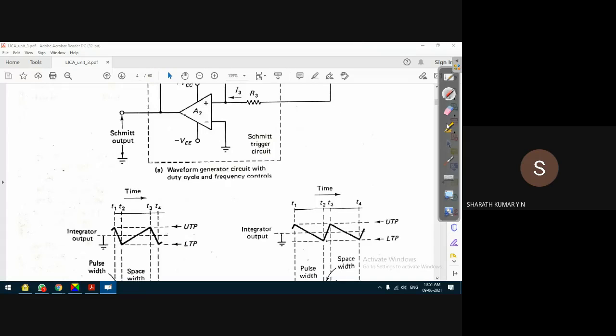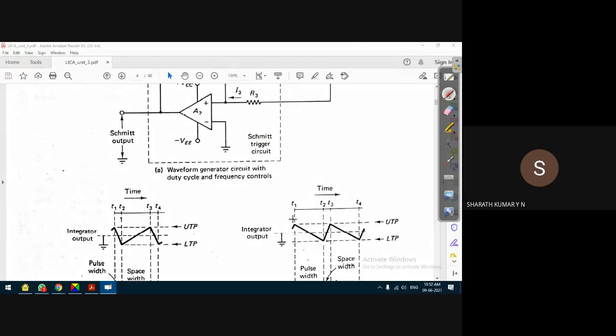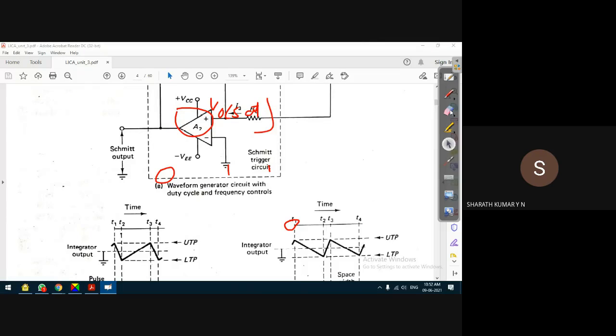when the output of this integrator is positive, for example, I'll take this waveform here only. When the output of the integrator is positive, the voltage drop across R3 is applied as input to the non-inverting input of the Schmitt trigger circuit, whereas the voltage drop across R2 is the output of the Schmitt trigger circuit, that is V0 saturation. Voltage across R3 follows the output voltage of the integrator circuit.